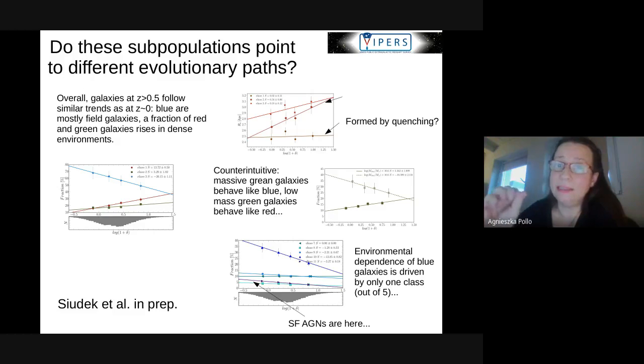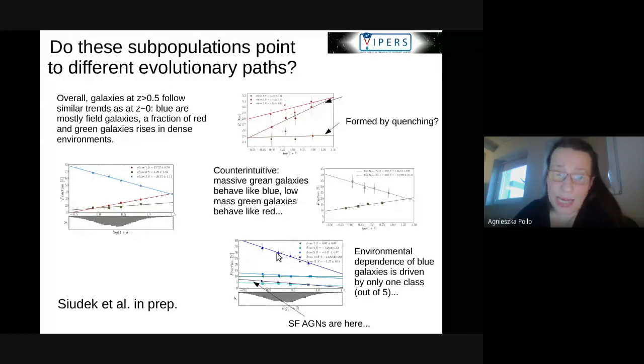This tells us that their evolutionary path might have been different, and in principle the reddest group might have been formed just by stopping production of stars suddenly at some point in the past. So they are compact red galaxies in the dense environments, while the other groups behave a little bit differently, but grew also through mergers, and they are correspondingly larger in denser environments.